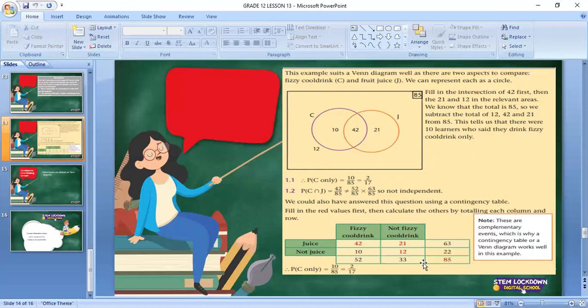We complete the table, knowing that the total number of people is 85. So 33 minus 12 gives us 21, and 85 minus 33 gives us 52. With this, we can complete the contingency table, and from there we can calculate our probability.